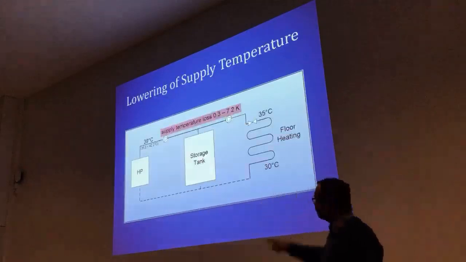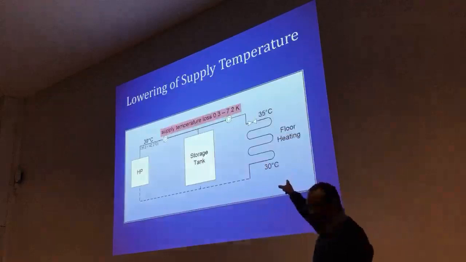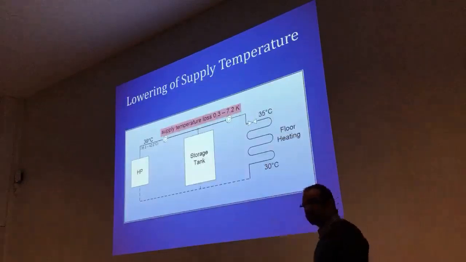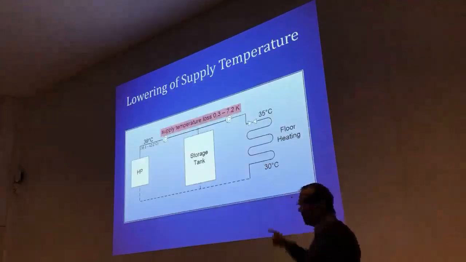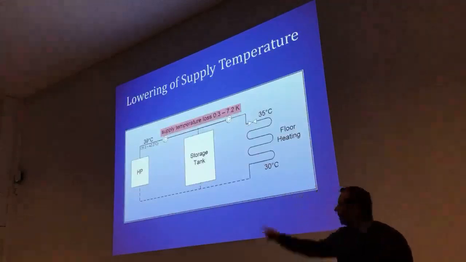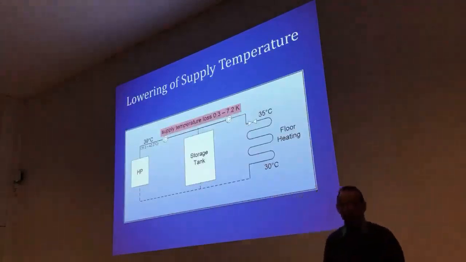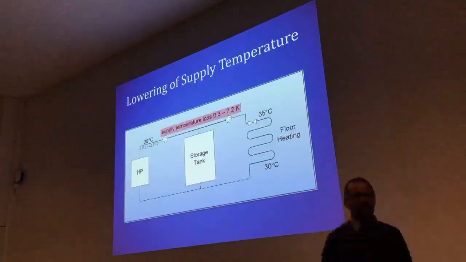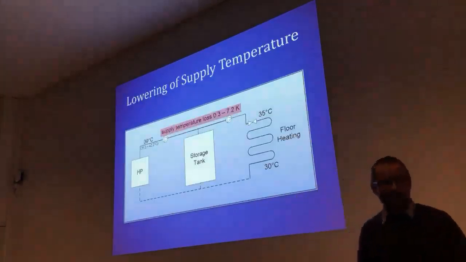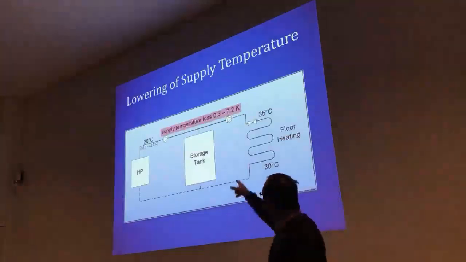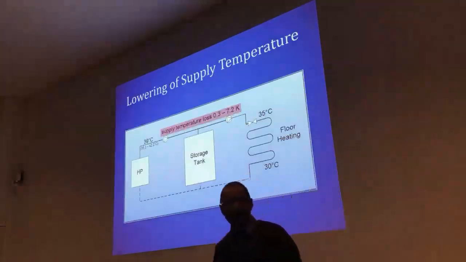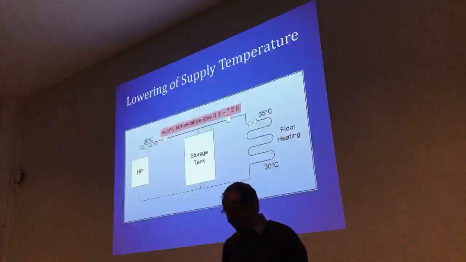The problem is, if you have a required temperature level at the floor heating of 35 degrees, for example, and you have a supply temperature loss of 7 degrees, then you have to drive your heat pump with a supply temperature 7 degrees higher, that means 42 degrees, and that leads to an efficiency decrease of 7 multiplied by 3, about 20%, which is quite high.